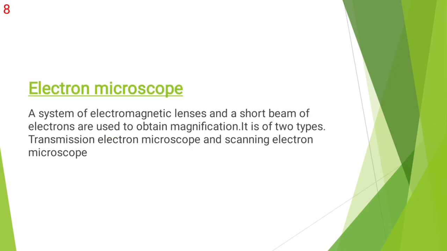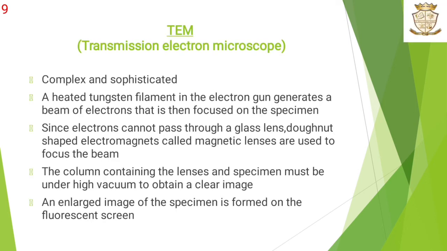Next, we can see what is an electron microscope. It is a system of electromagnetic lenses and a short beam of electrons which is used to obtain magnification. They are of two types, transmission electron microscope and scanning electron microscope. Transmission electron microscope, TEM, is complex and sophisticated.